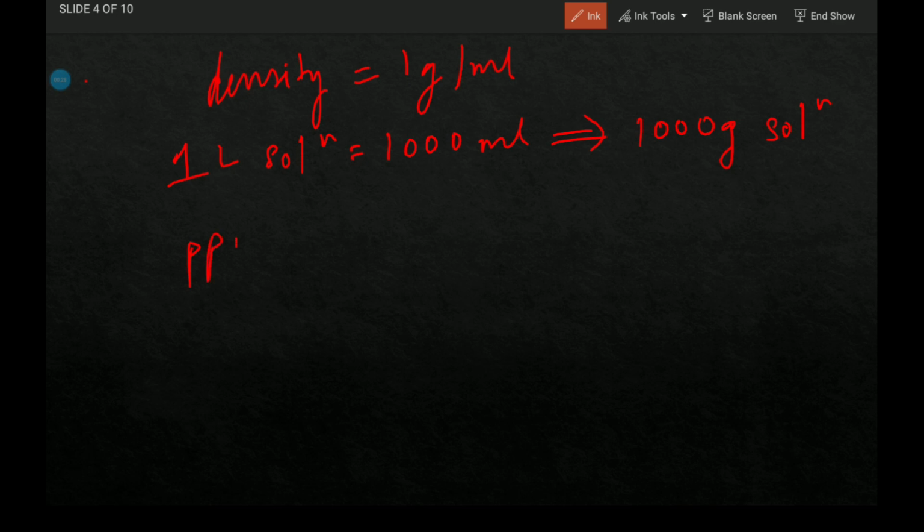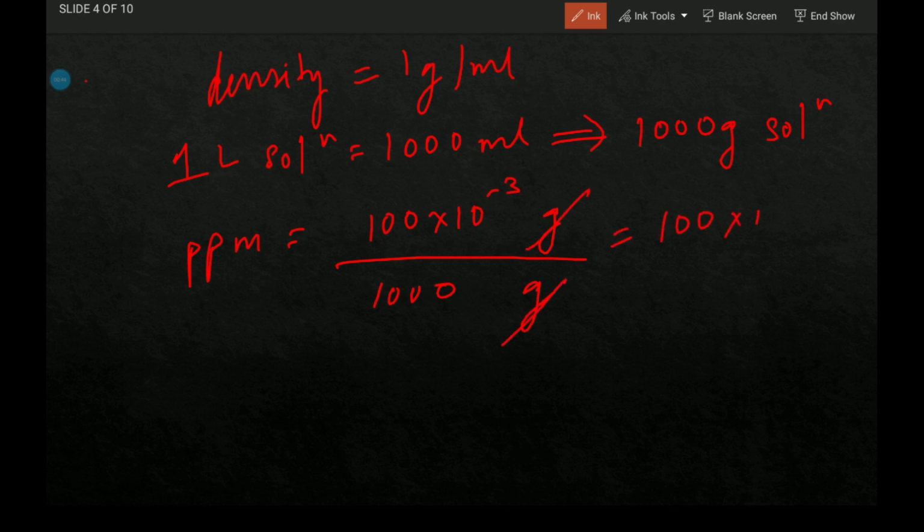Therefore, ppm can be calculated as mass of calcium carbonate, that is 100 into 10 to the power minus 3 grams upon 1000 grams of the solution. So grams is cancelled and therefore the equation becomes 100 into 10 to the power minus 6. This part, people, is the per million part.